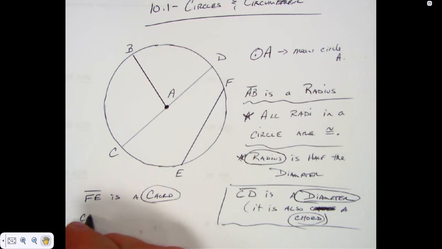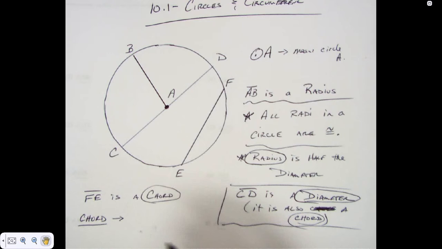How do you think I'd define a chord? It is simply a segment whose endpoints are on the circle.